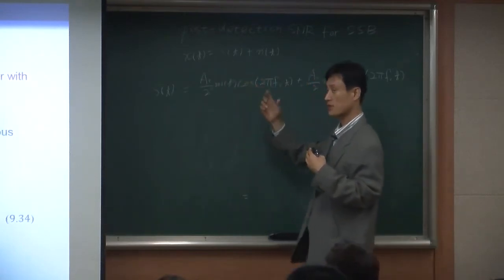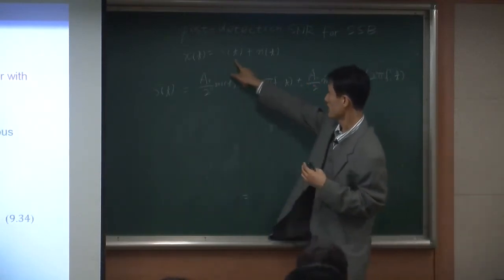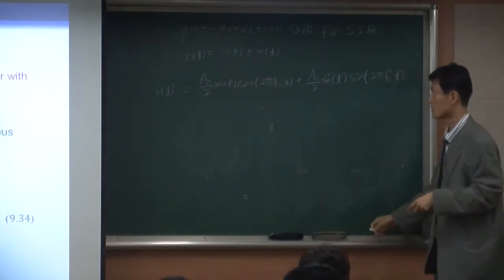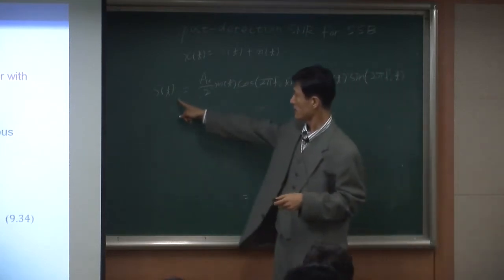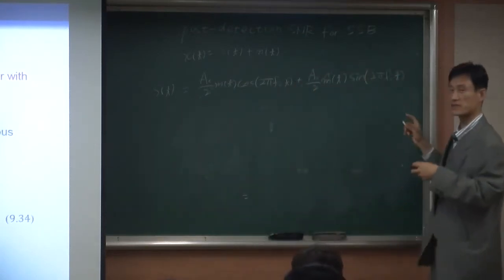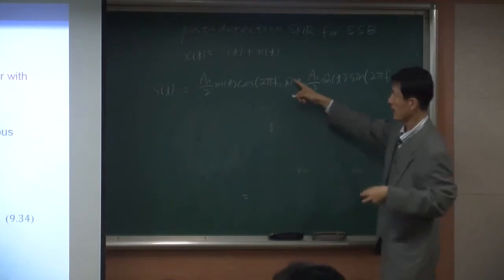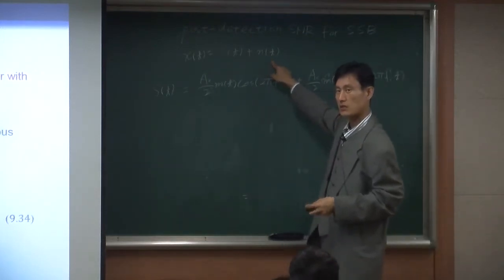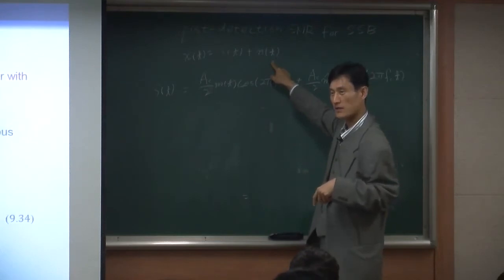Okay, so that is the input. Our input is x(t), s(t) plus n(t). n(t) is our passband noise. Now our s(t) is this one because we use a single sideband, and noise is n(t), but we want to change this passband noise into baseband representation, right?